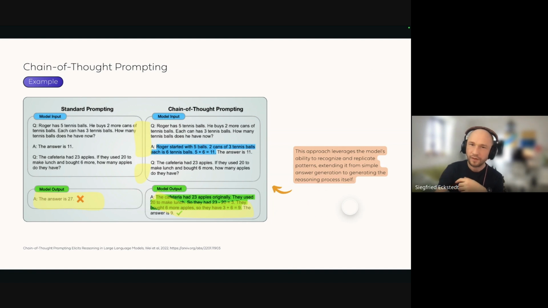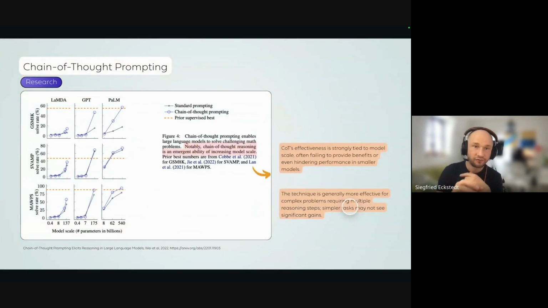Now, how much better can that be, and when is that applicable? That is drawn from the same research paper, and it's quite interesting because maybe you are not always working with the biggest and smartest models, but because of some restrictions, you have to work with a smaller model, or you want to work with a smaller model because it's more efficient, it's cost effective, or it's running on your own device.